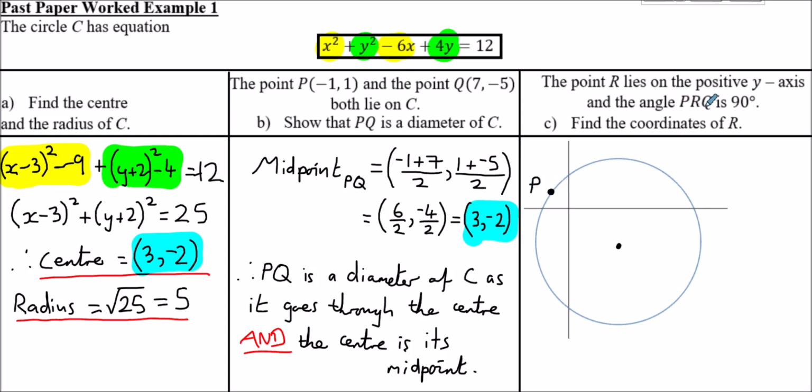We're mentioning Q. Now Q is 7, minus 5, and so 7 is to the right of 3, and it's below, so maybe we're talking here somewhere. In fact, P and Q make a diameter, so we can draw in, on our sketch, a straight line going through P and the centre, and at the other end should be Q.